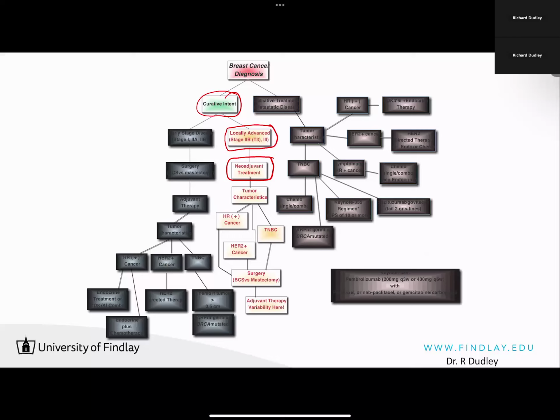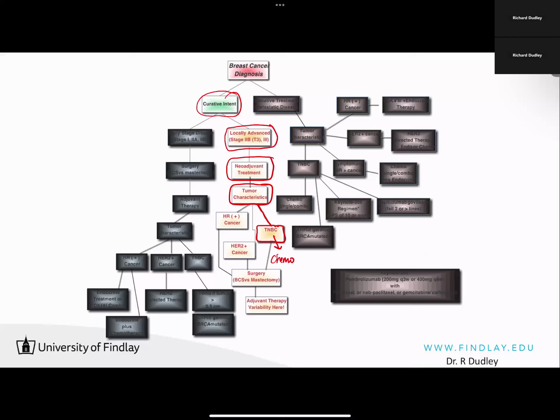Well, it kind of harkens back to what we just got done talking about in the adjuvant setting for early stage disease. We have to know about the tumor characteristics. Now, if we know that our patient has a triple negative breast cancer and we want to give them neoadjuvant treatment, it's most likely going to be chemo. However, there's some evidence out there to suggest that immunotherapy is beneficial here in combination with chemotherapy.